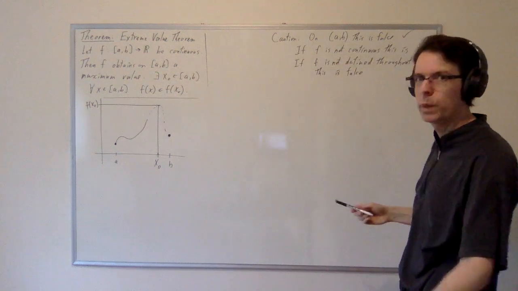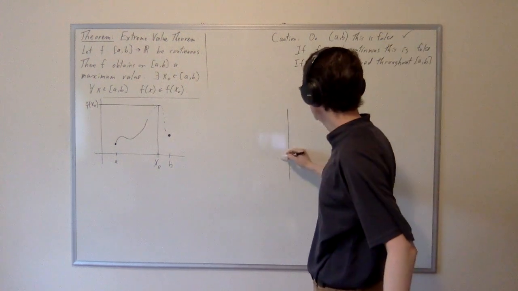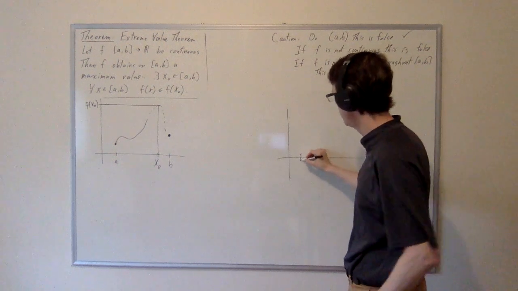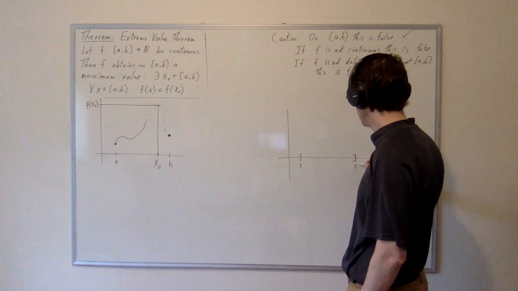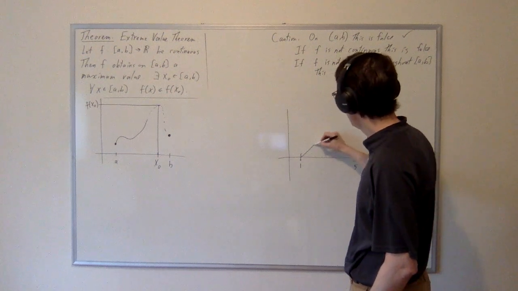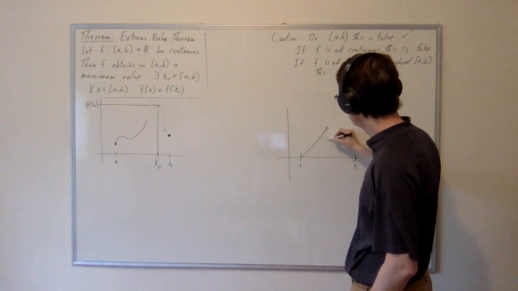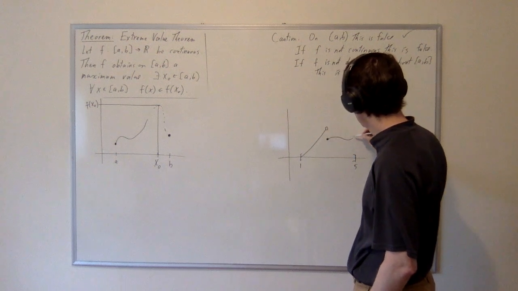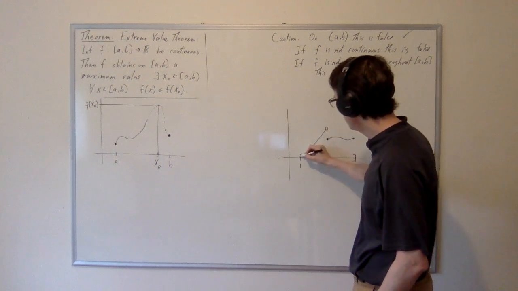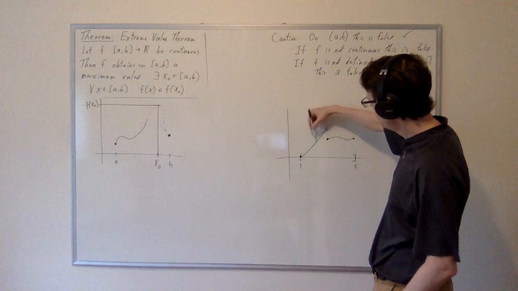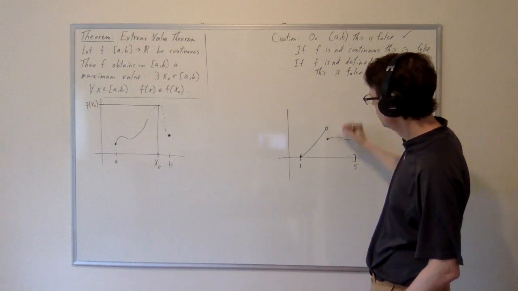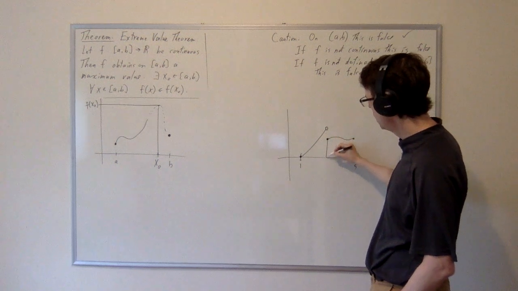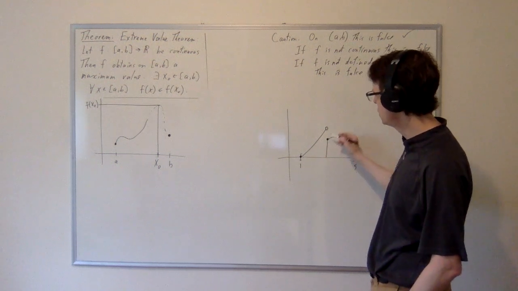Next, let's illustrate that f really needs to be continuous to have this expectation that it'll have a maximum value. Even if the function is defined on a closed interval, say 1 to 5, if we have a function that has a discontinuity, then what might happen is that as we approach from one side, we're approaching some maximum value, but if we have a discontinuity, then the actual value there would be smaller.